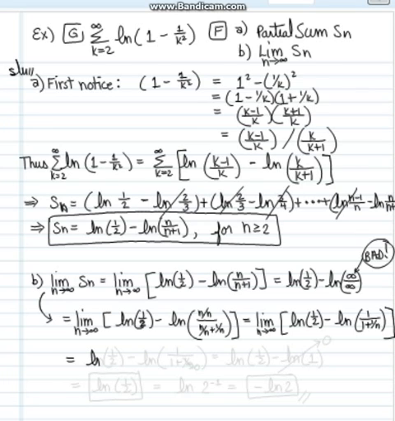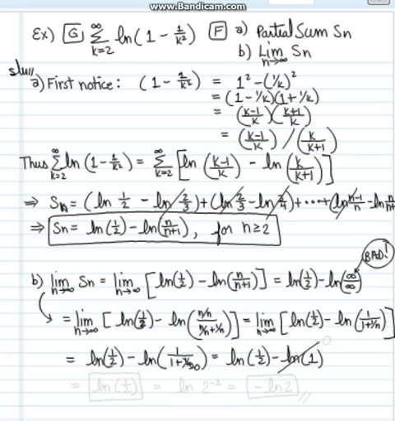We get the natural log of 1/2, because that's independent of n, minus the natural log of 1 over 1 plus 1 over infinity. This part goes to 0. So that's the natural log of 1/2 minus the natural log of 1 over 1, which is 1.